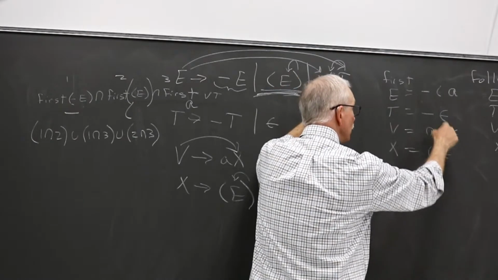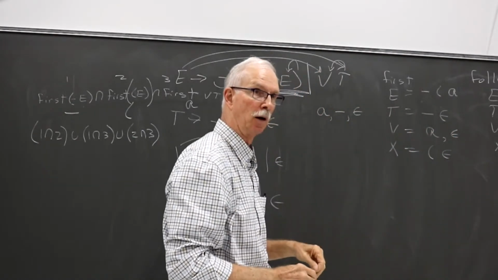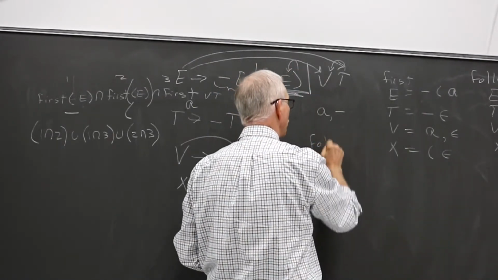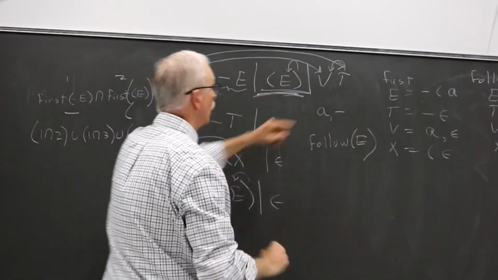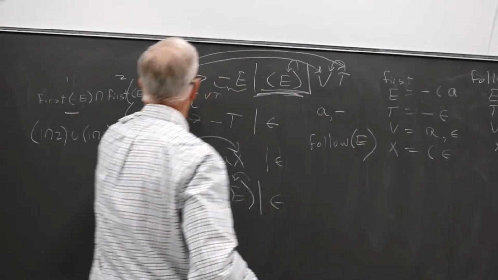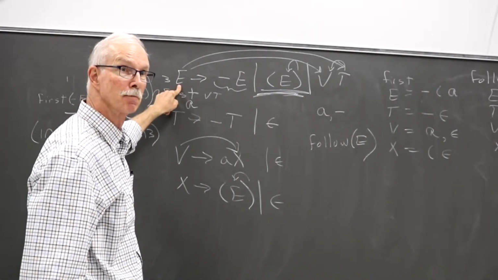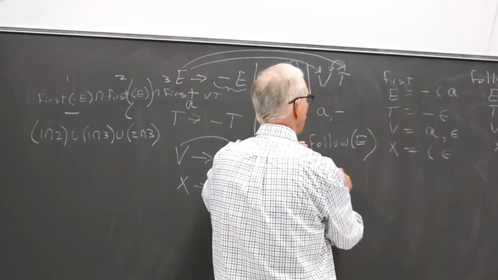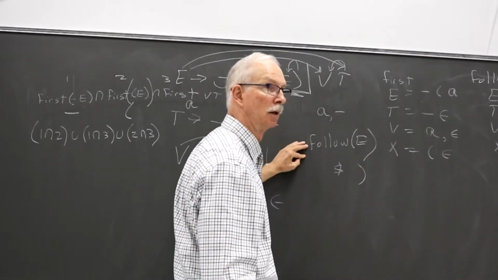And then since V and T can both go away, it's also going to be empty. In which case I don't think about empty, but I think about the follow of E. Okay? And so the follow of E has dollar sign and right paren in it.